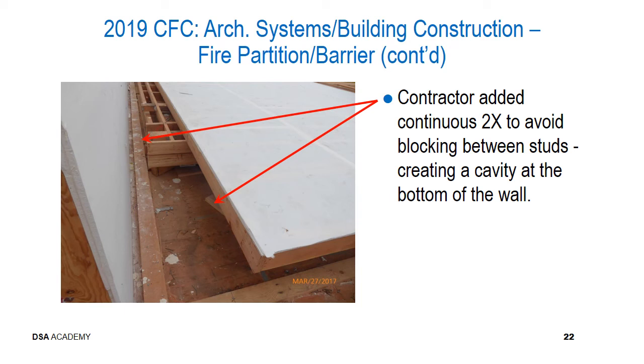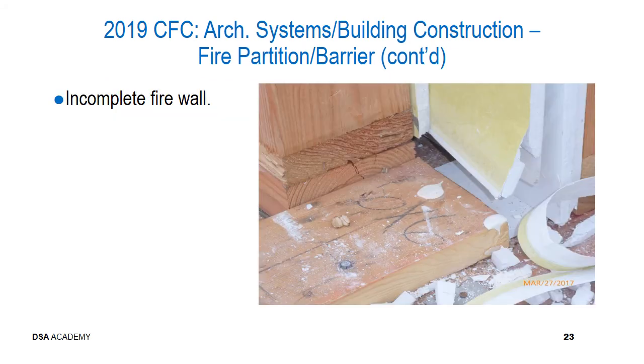This blocking has created a cavity at the bottom of the wall, such that when the wall is erected in the upright position, the drywall protective membrane will not extend fully to the base. This creates an incomplete construction of the fire-rated wall.